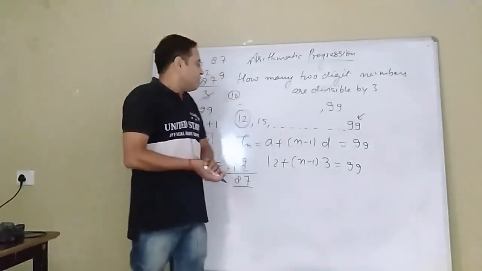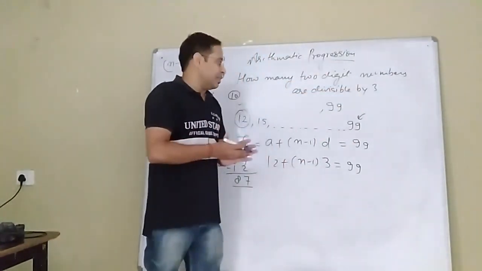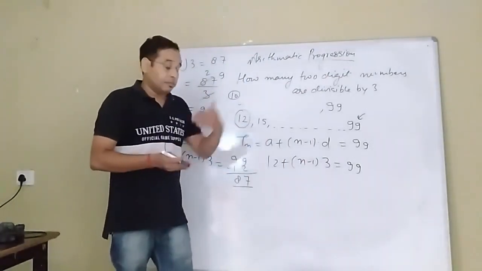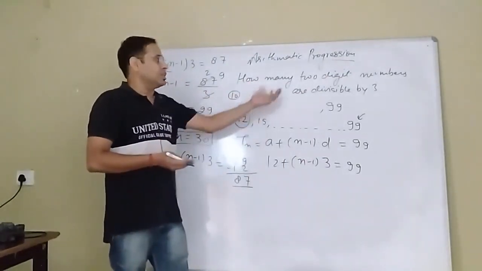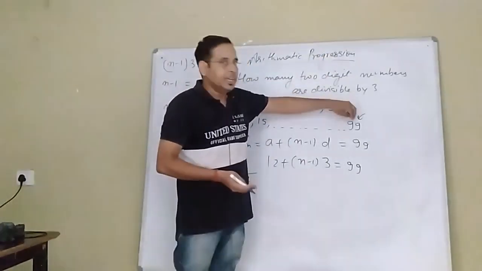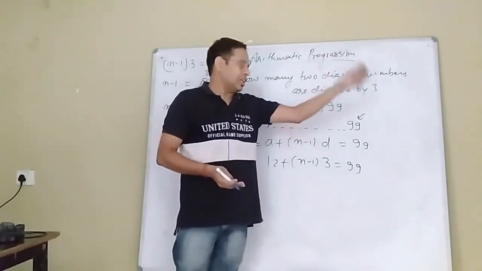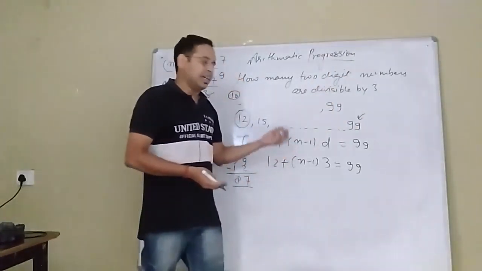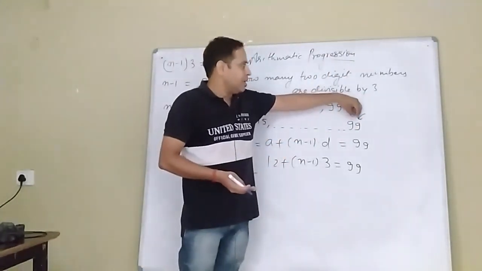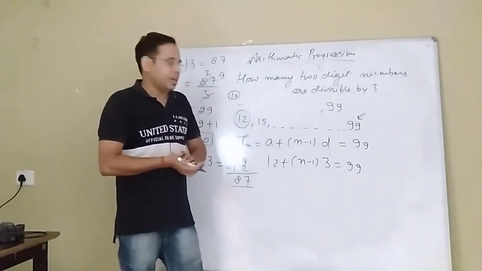If somehow we are able to find out which term of this given AP 99 is, then we will get the number of 2-digit numbers which are divisible by 3. If we find out which term it is, whether 20th, 30th, or 40th, then we can work it out. That will be the number of 2-digit numbers that are divisible by 3.